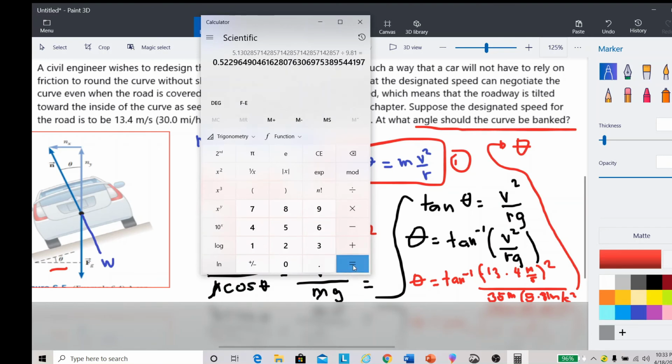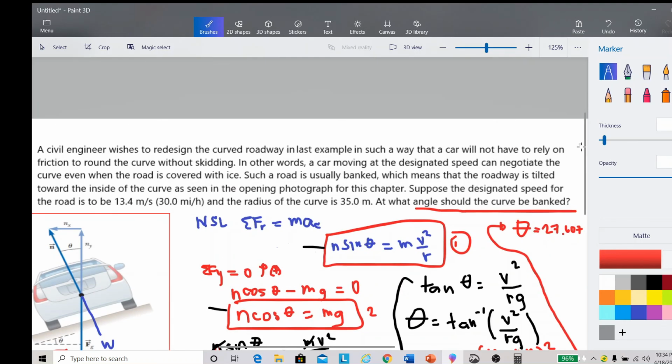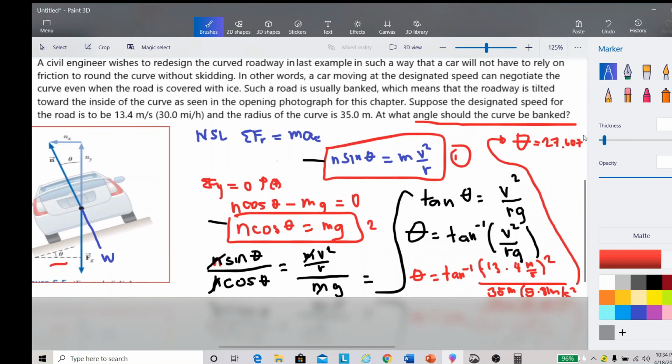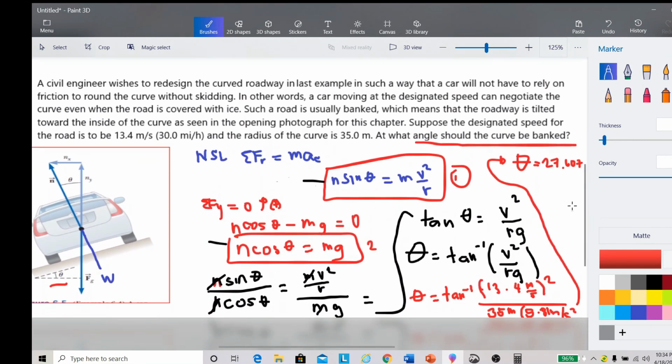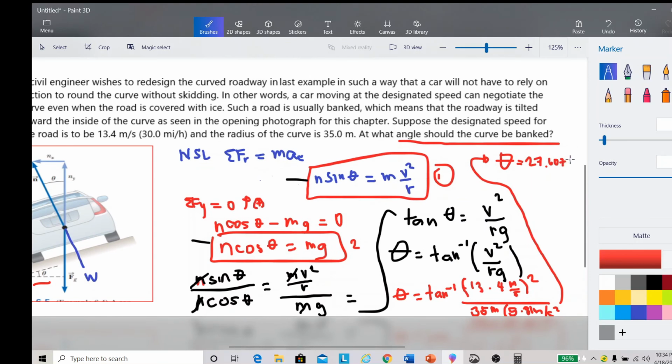So we have 0.52296. Then we take the inverse tangent, the arctangent, and we get 27.6079. And that will be in degrees.